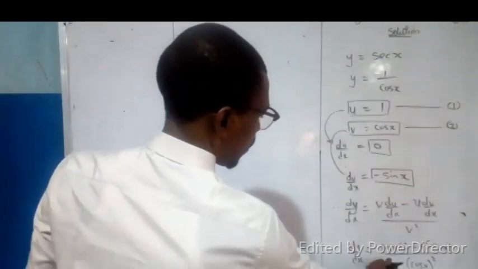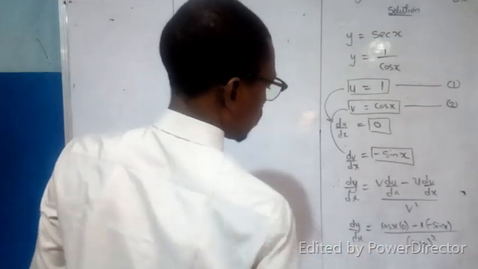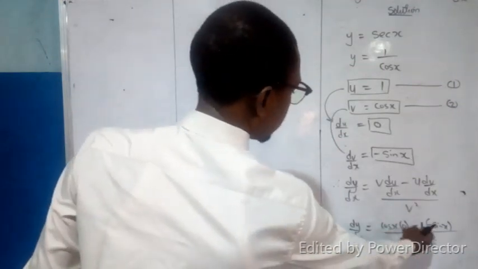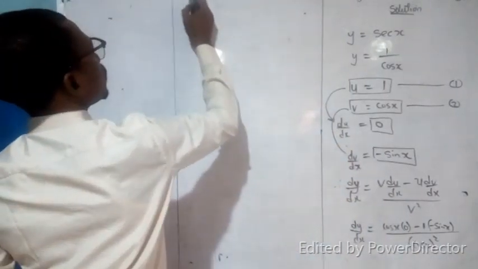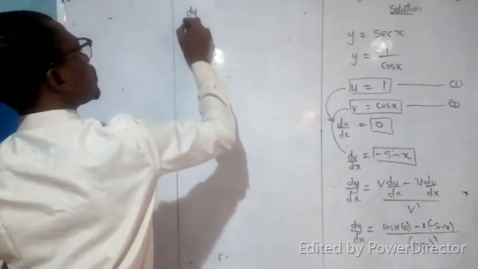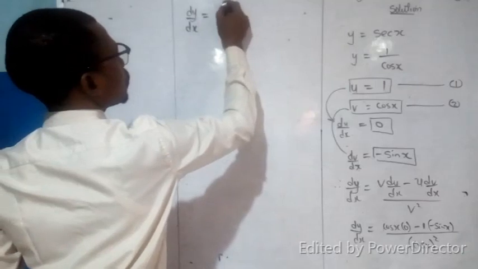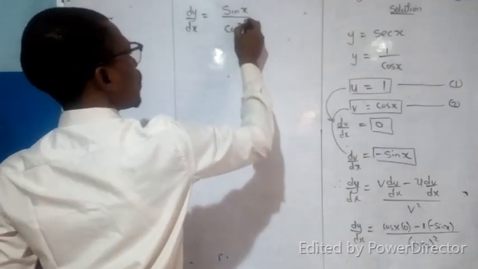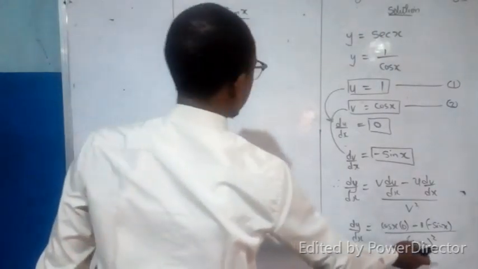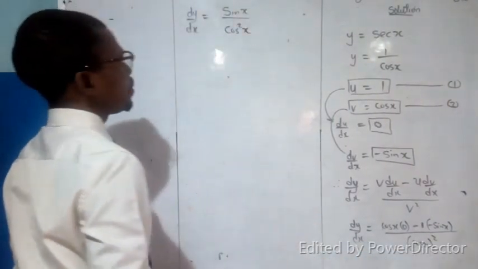So from here, cos x times 0 will give you 0, minus times minus will give you plus sine. So dy dx is equal to sine x at the numerator over cos square x. The denominator is cos x all squared.